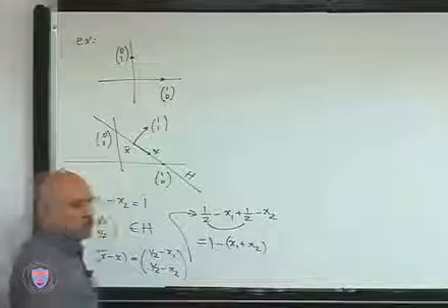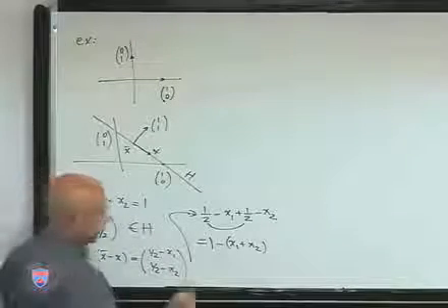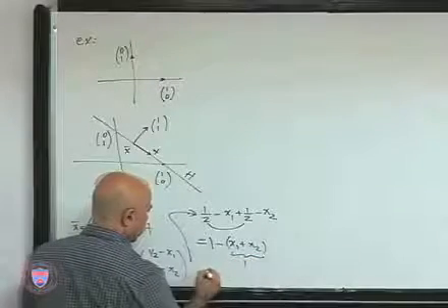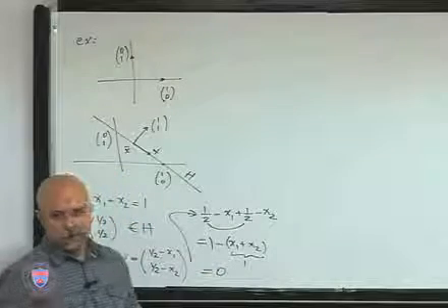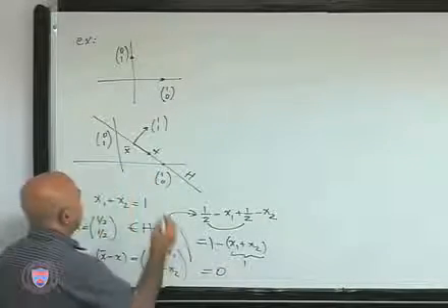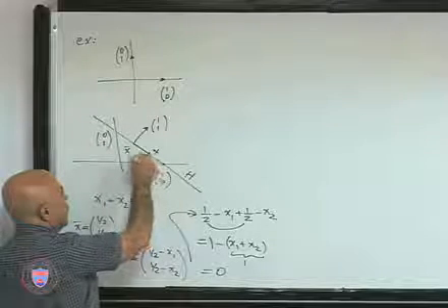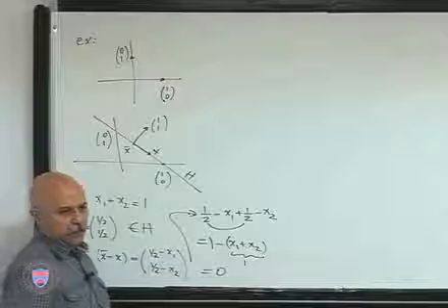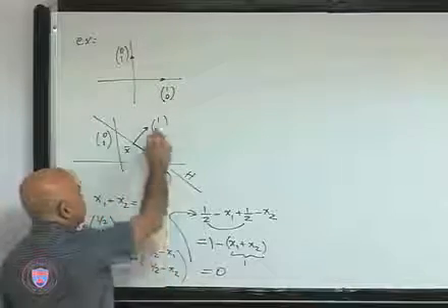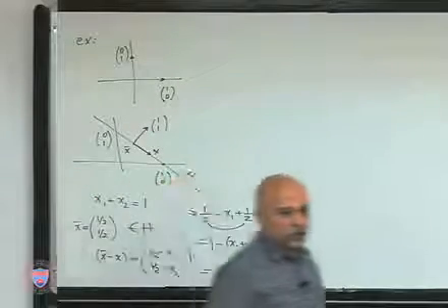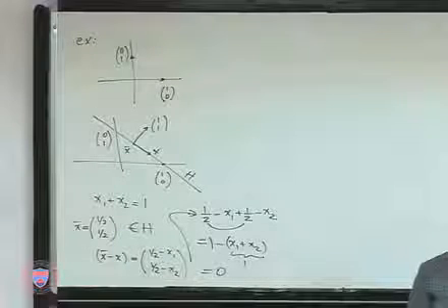But x is a point on the hyperplane by assumption. So this part is also equal to 1, so you get 0. Okay? So obviously, for that reason, any point on the hyperplane relative to a fixed point on the hyperplane is normal to 1, 1, or orthogonal to 1, 1. Okay?